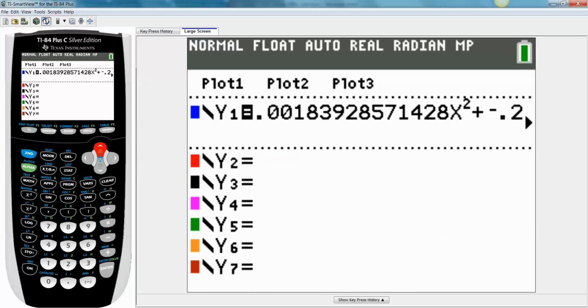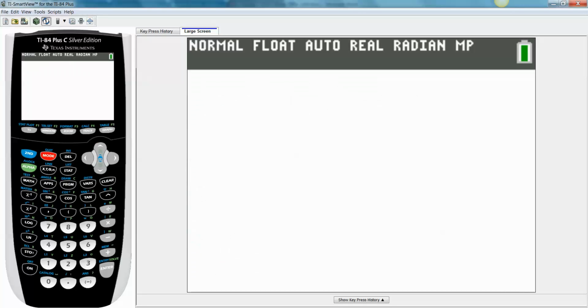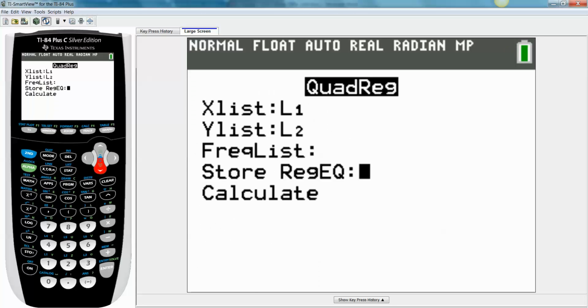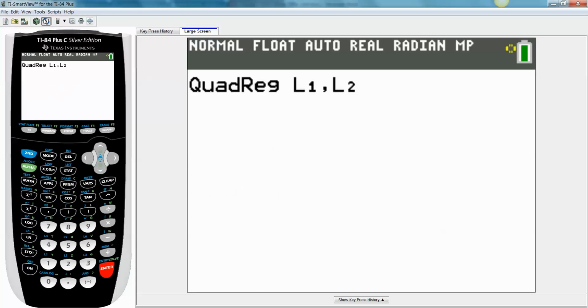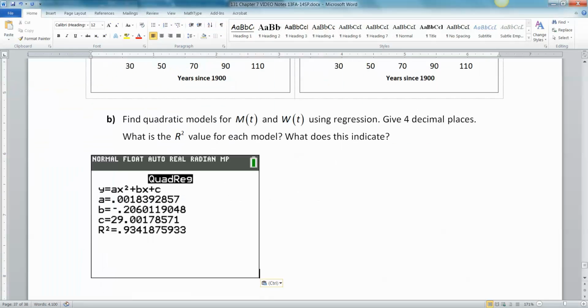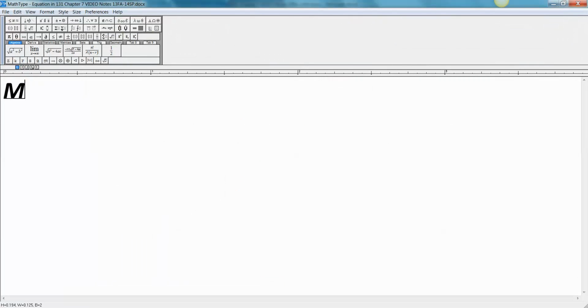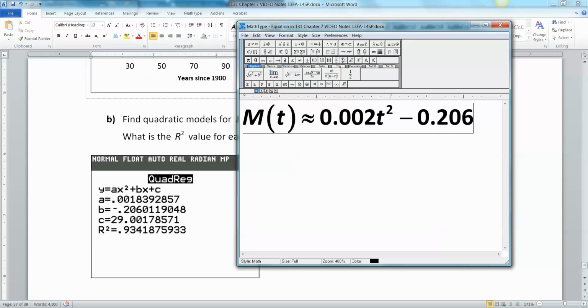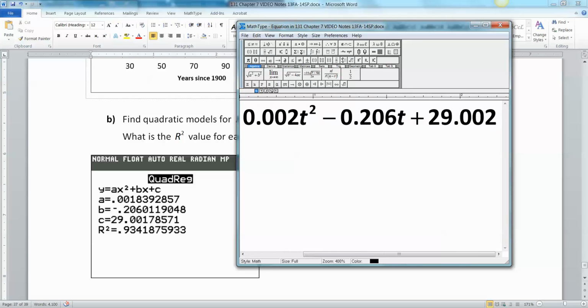All right, so there's the men's data right there. So let me go back, quit, and oops, I lost it. Stat, calc, number 5. Fine, enter. There we go. Okay, so let me take a picture of that, because I'm going to type my regression equation from that. So for the men, M of t is approximately 0.002 t squared minus 0.206 t plus 29.002.